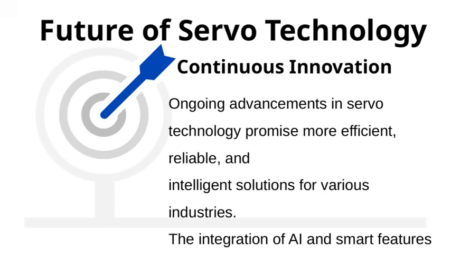These innovations will enable servo systems to learn from their environment, optimize their performance in real time, and even predict maintenance needs before issues arise. Overall, continuous innovation in this field is going to open up new possibilities and drive the next wave of automation and precision. It's an exciting time, as these advancements will help us create smarter, more responsive, and more capable systems across a wide range of applications.